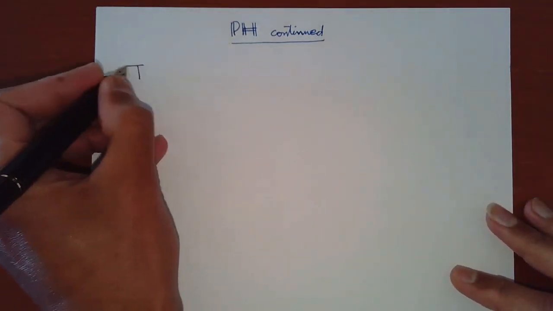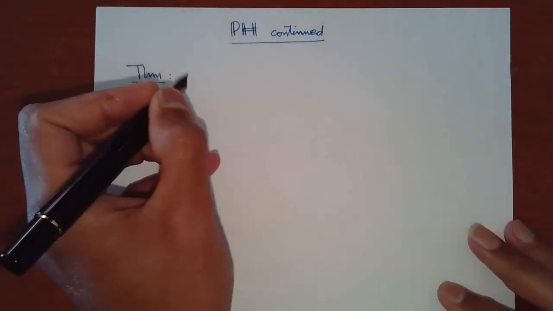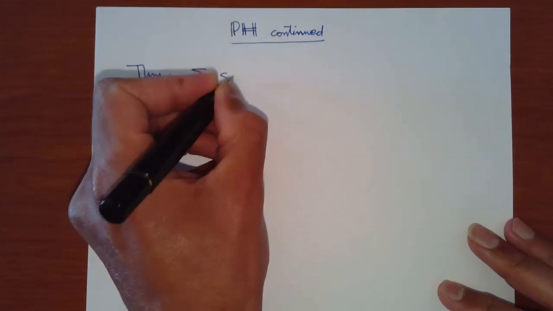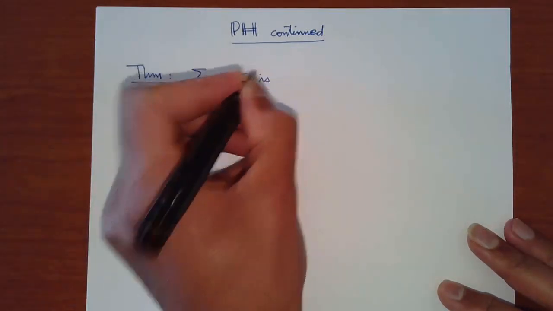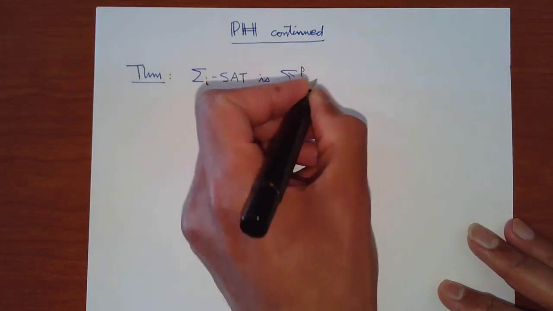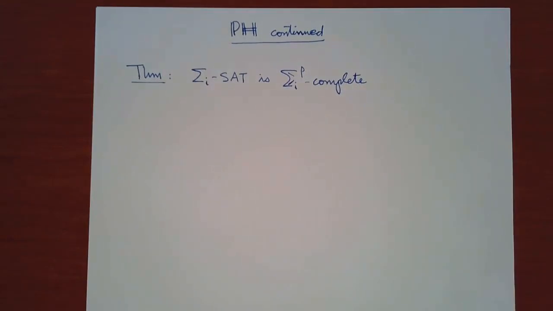So the main aim in this discussion for the polynomial hierarchy is to prove that Sigma_i SAT is the complete problem for the ith level of the polynomial hierarchy.